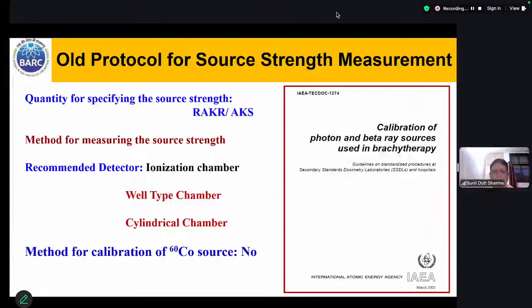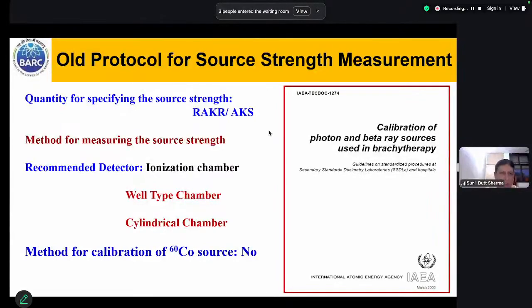1274, and the title of this publication is Calibration of Photon and Beta Ray Sources Used in Brachytherapy. So what guidance did they provide here? They provided the quantity in which the strength of a brachytherapy source should be mentioned. They zeroed in on reference air kerma rate or air kerma strength.